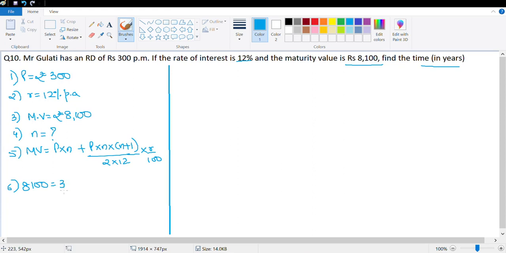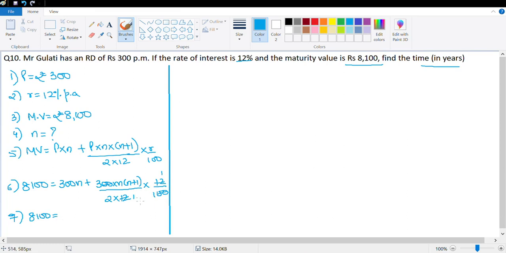P is 300 multiplied with N plus P is 300 multiplied with N multiplied with N plus 1 upon 2 into 12 multiplied with R. R is 12 upon 100. So dividing by 100, these two zeros get cancelled. Dividing by 12, 12 and 12 get cancelled.